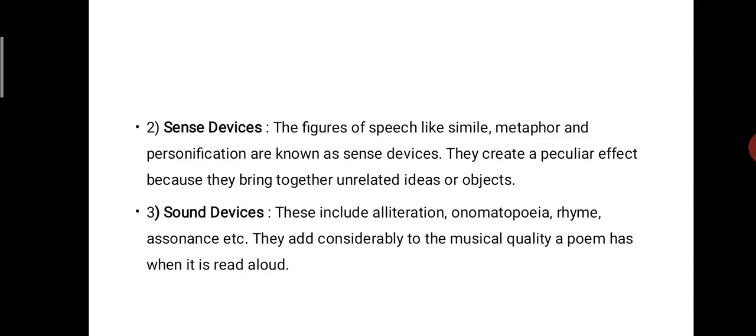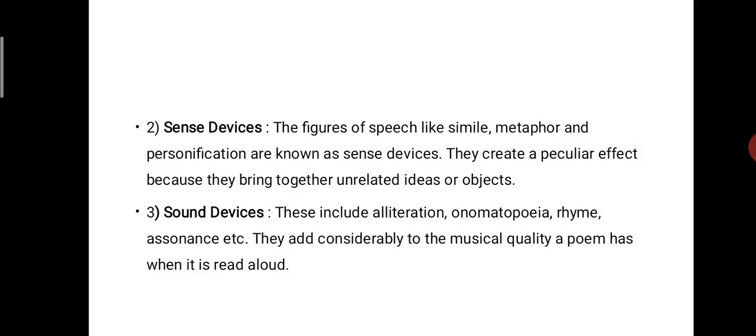Next is pun. Pun denotes a play on words that are identical in sound or very similar in sound but are sharply diverse in significance. So, the wordplay in the figure of speech, pun, is an important one at the time of critical appreciation.